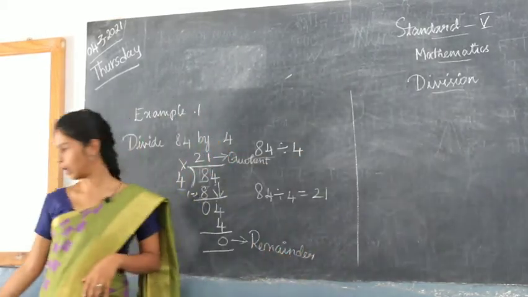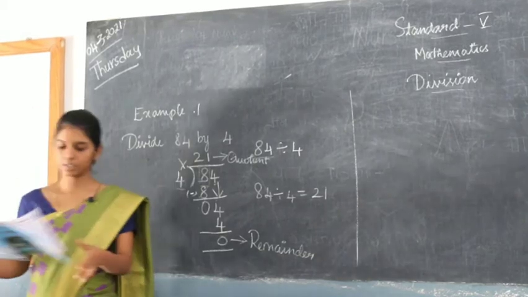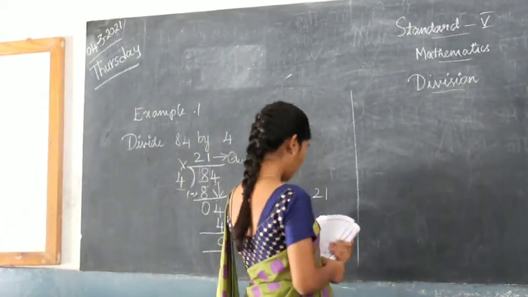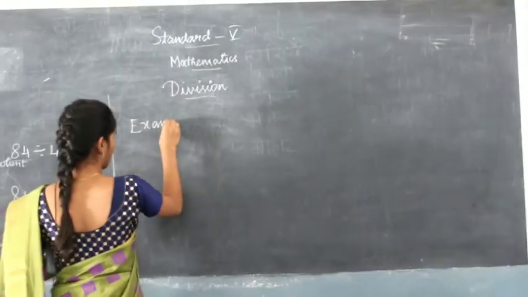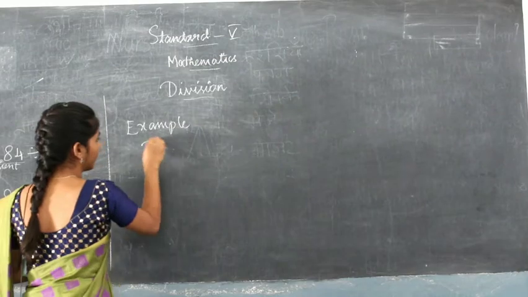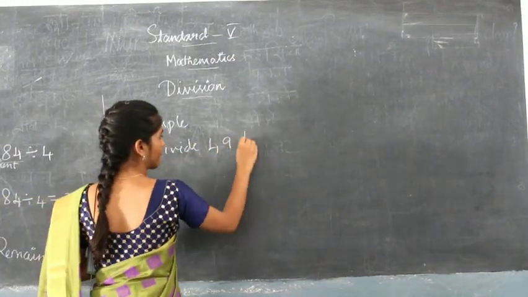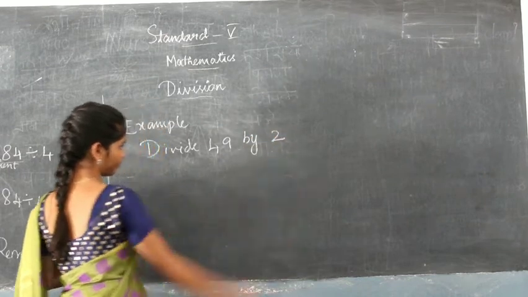Now I am going to solve the next example, example 2. What is your question? Divide 49 by 2.